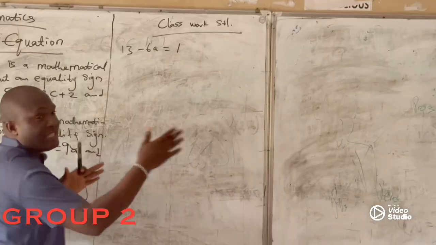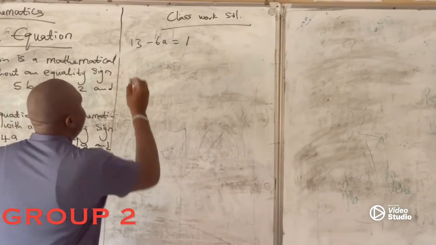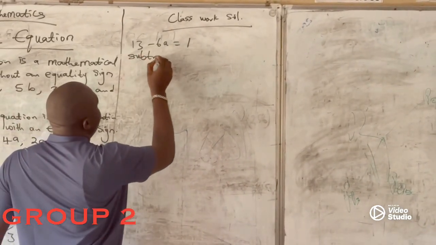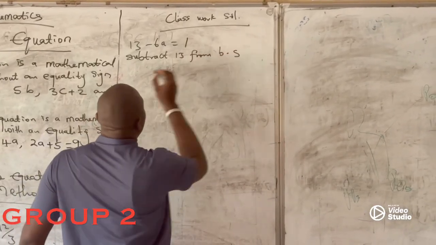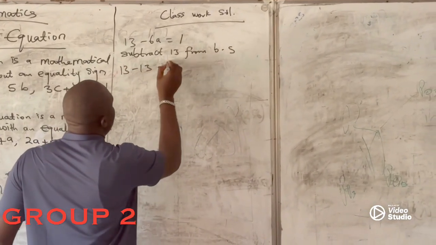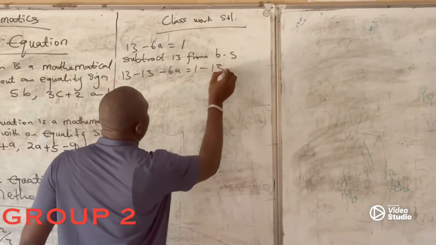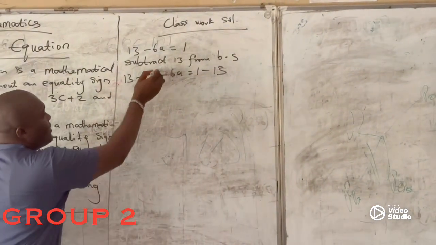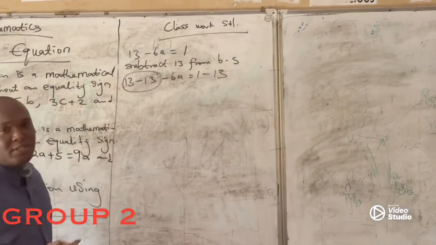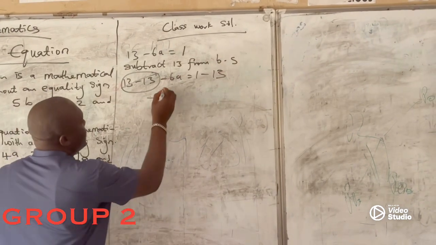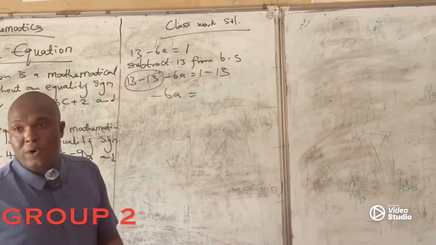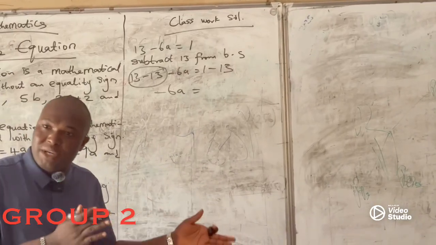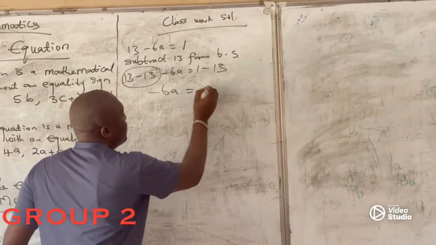We're going to subtract 13 from both sides. You can see this will cancel, isn't it? So we are now left with 1 minus 13. What do we have? There's going to be a negative answer, which is minus 12.